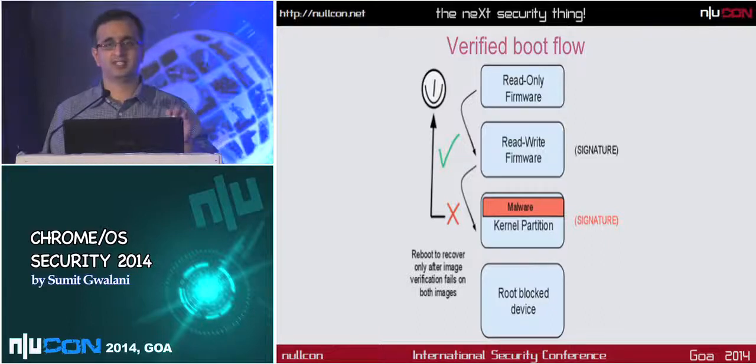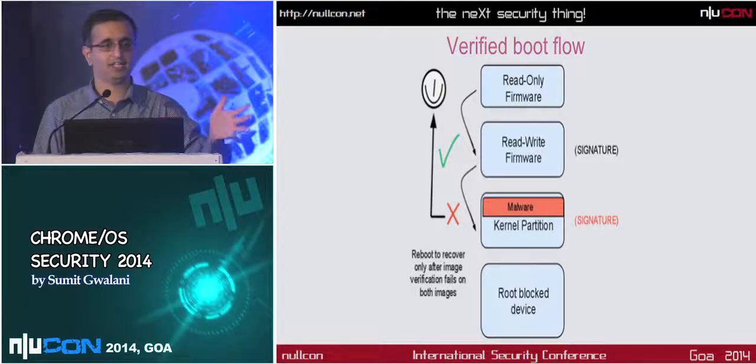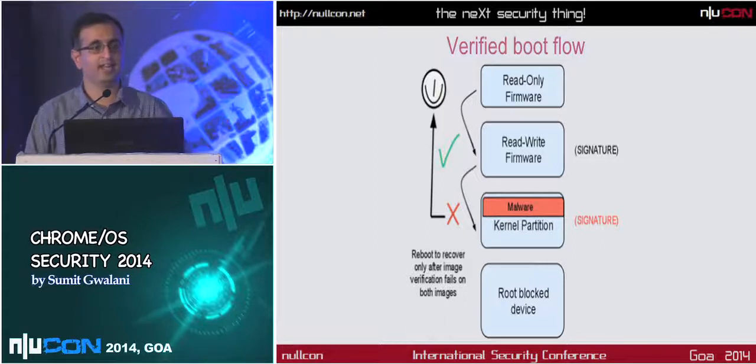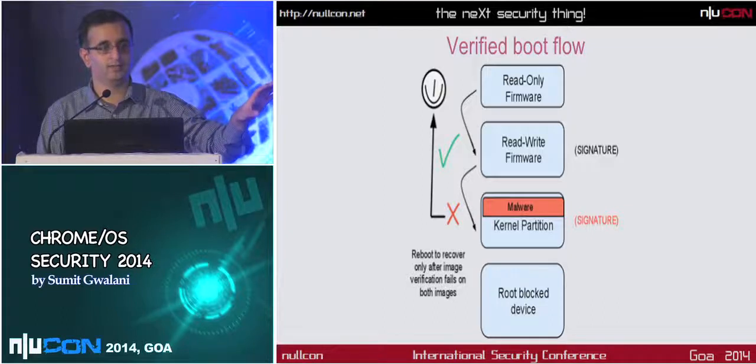For Chrome OS devices, we actually have two copies of the operating system on disk, so it can try and check the backup partition to give you some form of redundancy. But if both of them don't work, it will just not boot the device and let you do a safe recovery, directly from the read-only firmware.